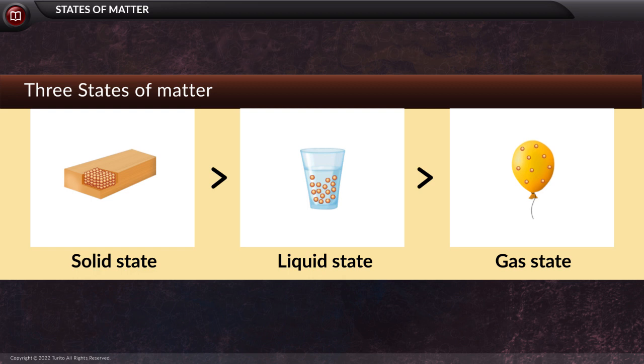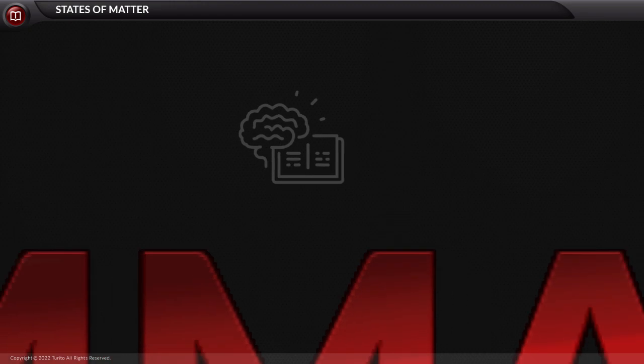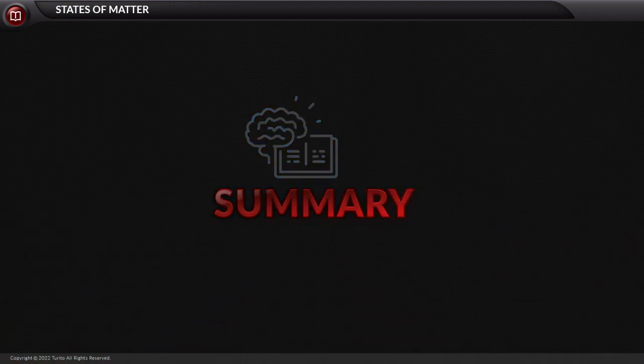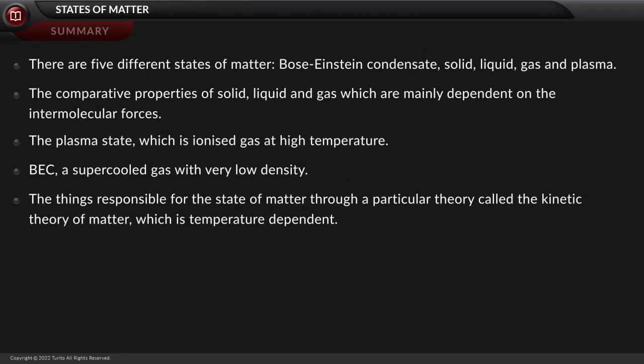Now, as we are done with all the states of matter, let us conclude what we studied. First, we studied all the different states of matter. There are 5 different states of matter: Bose-Einstein condensate, solid, liquid, gas, and plasma.